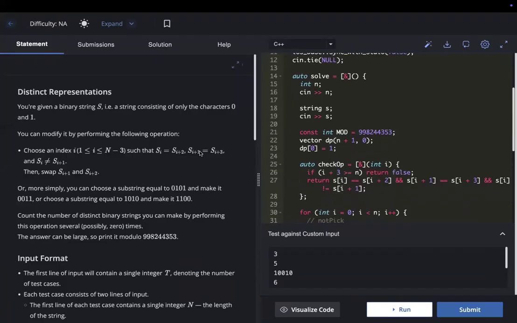I have solved dynamic programming on a lot of platforms like AtCoder DP, the CSES problem set, and the Striver A to Z sheet, and then a lot of problems on Codeforces and CodeChef and random contests also, even on LeetCode. So obviously the way in which I implement might not be very beginner friendly for you.